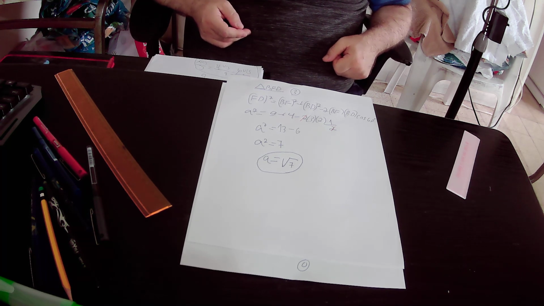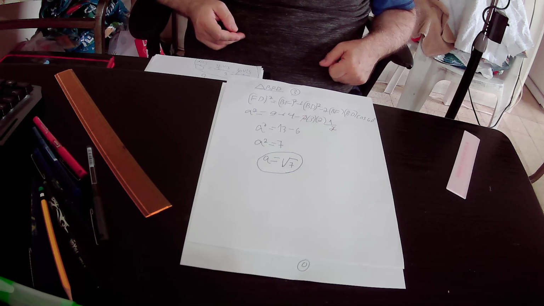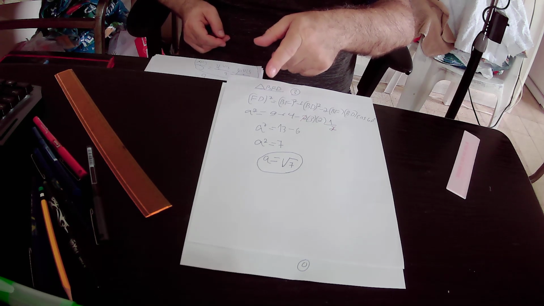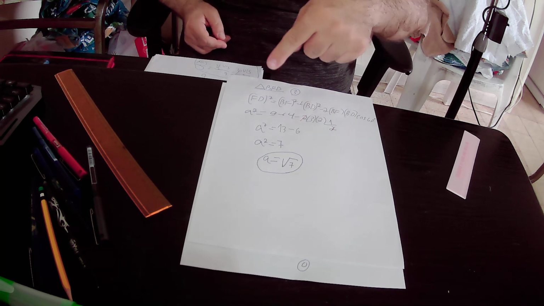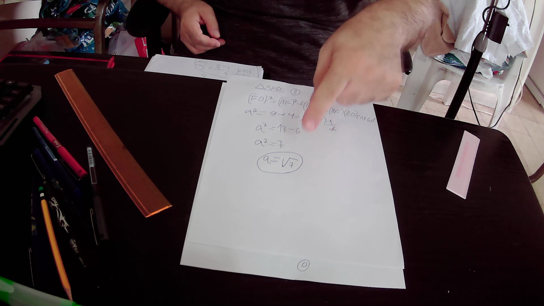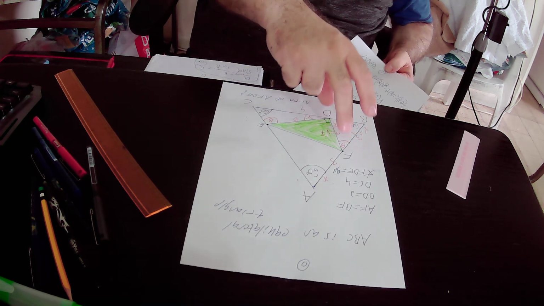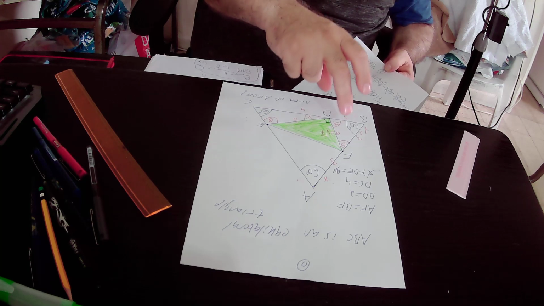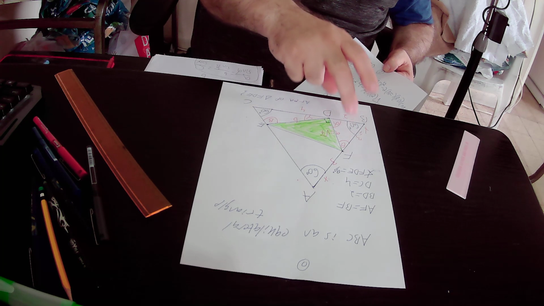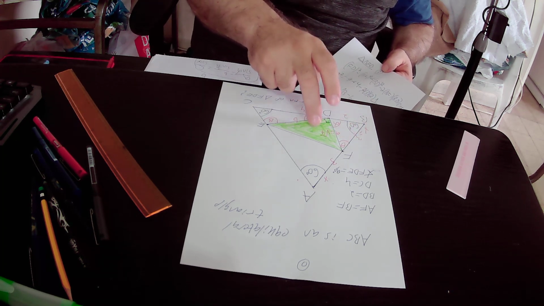We actually have the values of all the variables here, and the only missing variable is FD, so we put the data into this equality and we got that the value of A, FD, is root 7 units, and it is also one side of the green triangle.